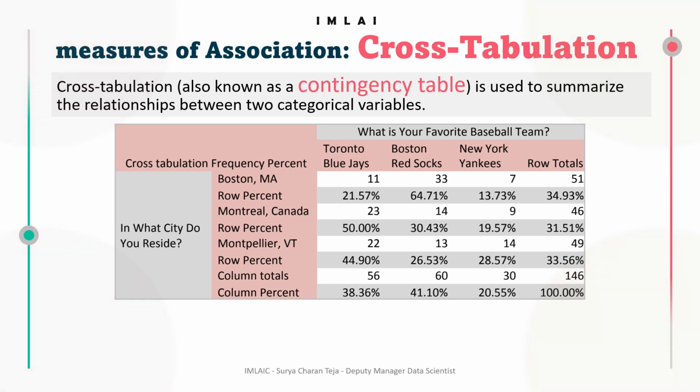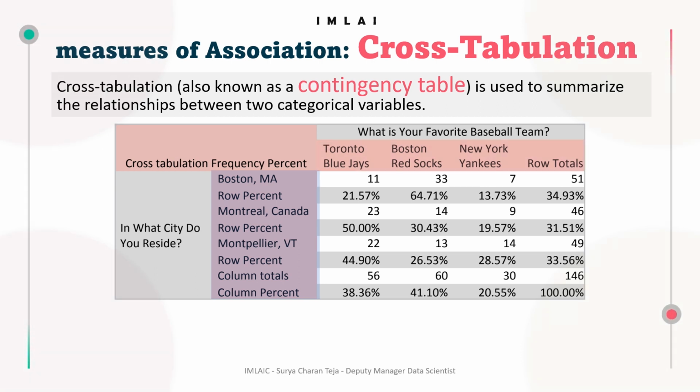A typical cross tabulation table comparing two hypothetical variables is shown here. One variable is city of residence, which is also a nominal level of measurement. The other one is favorite baseball team.